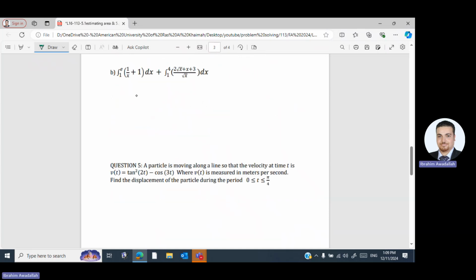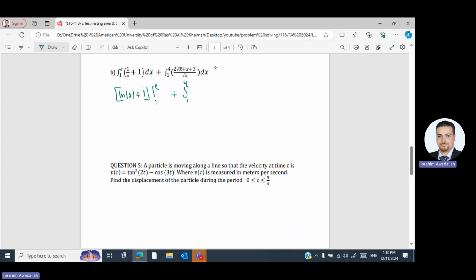Okay, here, the antiderivative of this will be ln x, plus the antiderivative of this will be 1. Again, it's better if I write it in this way, from 1 to e, plus another integration, 2 different integrations, by the way, here, 1 to 4.